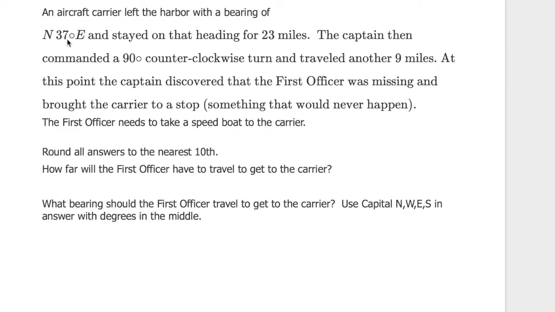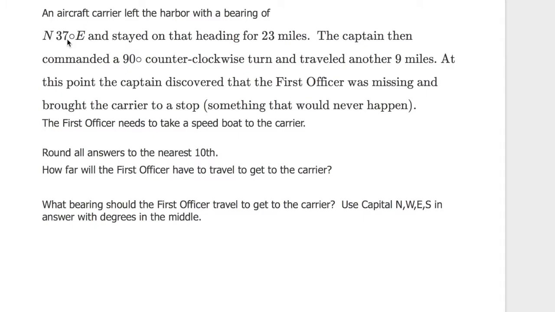So this 37 degrees is measured off the y-axis because it's off of north. And we're going to draw a picture of all of this. So all I have to do is remember northeast, 37 degrees, 23 miles, and a 90 degree counterclockwise, and 9 miles. So we might have to come back to this problem. So let's draw it first.